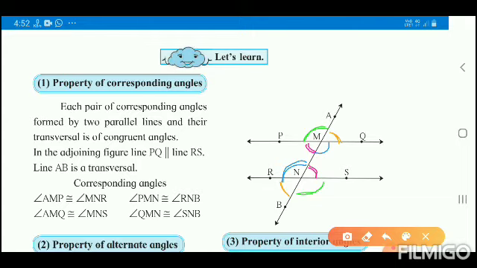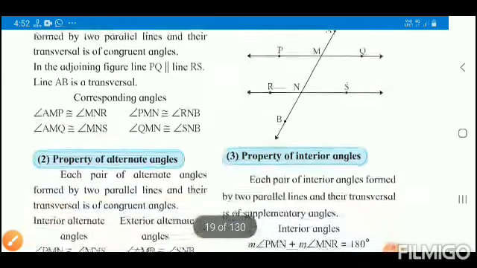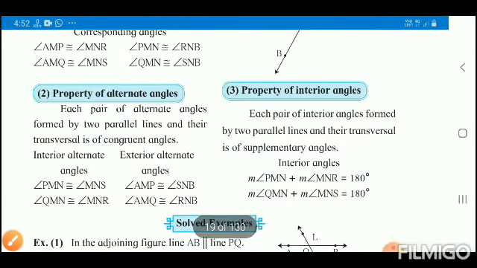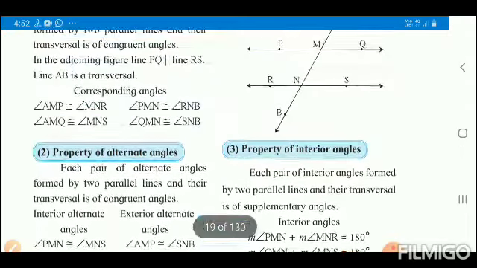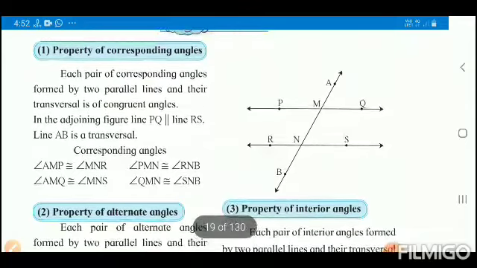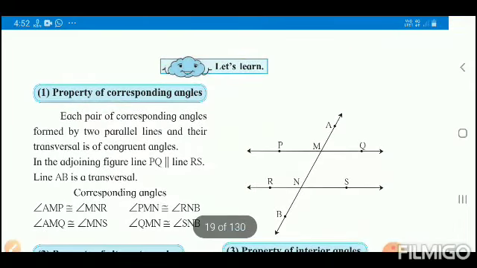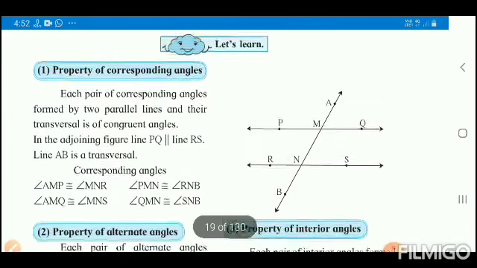Now next to that we will see the property of interior angles. Each pair of interior angles formed by two parallel lines and their transversal is of supplementary angles. I said to you this, the angles formed by parallel lines and transversal, which angles? The interior angles.